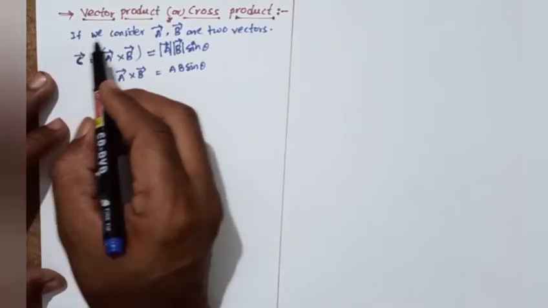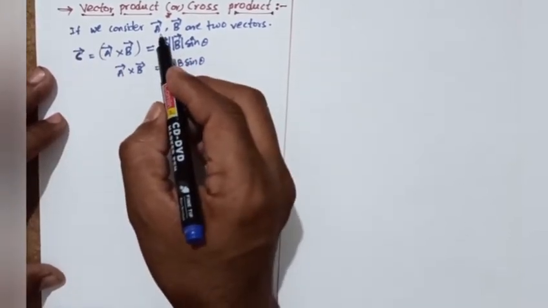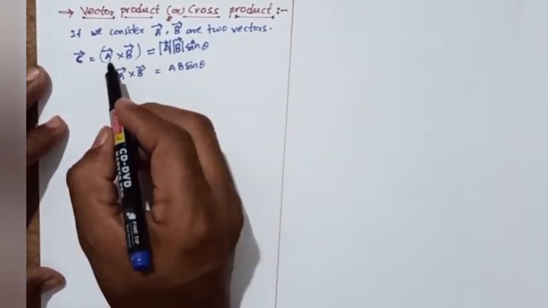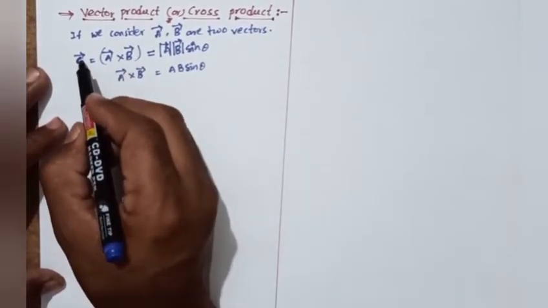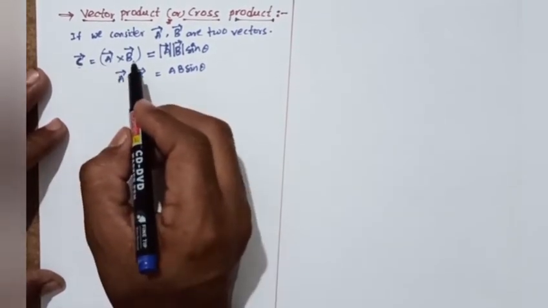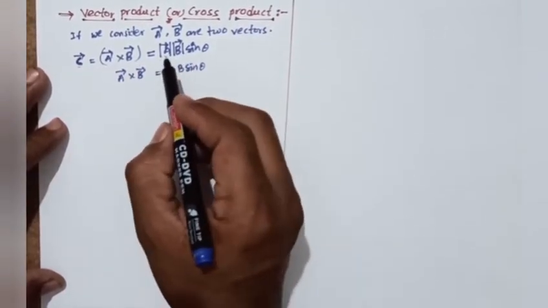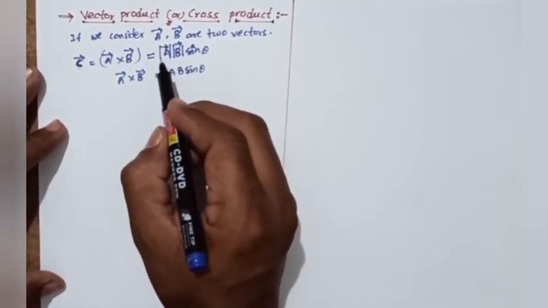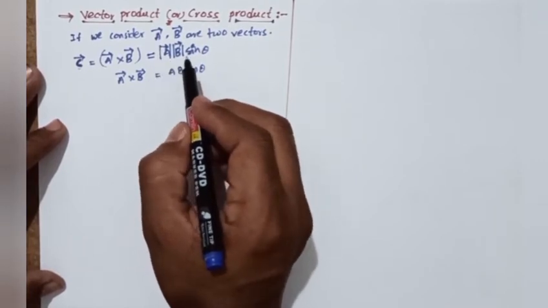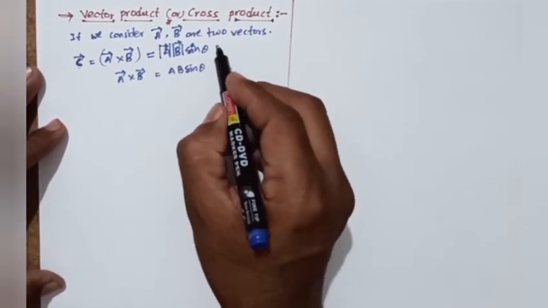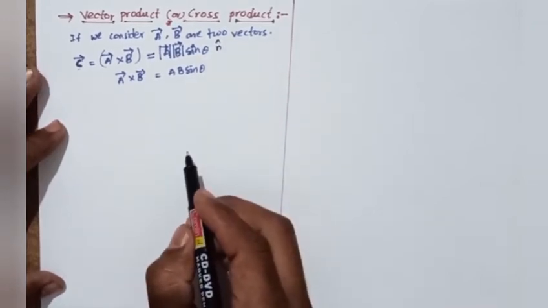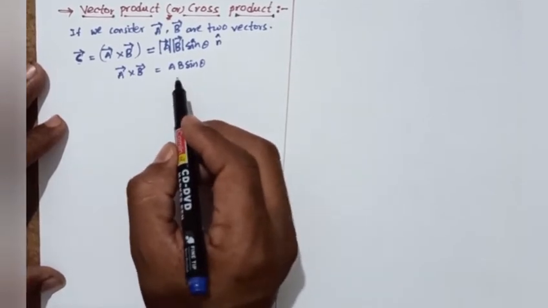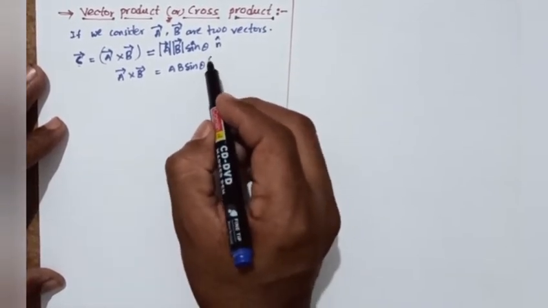Here, if we consider a bar and b bar as two vectors, then a bar cross b bar, which we take as c bar, equals magnitude of a bar times magnitude of b bar times sin theta times n cap. So a bar cross b bar equals ab sin theta n cap.